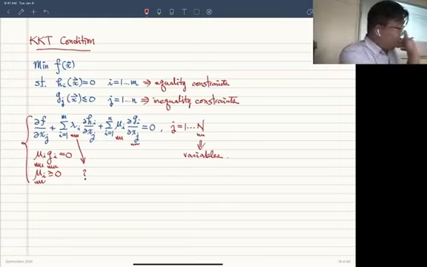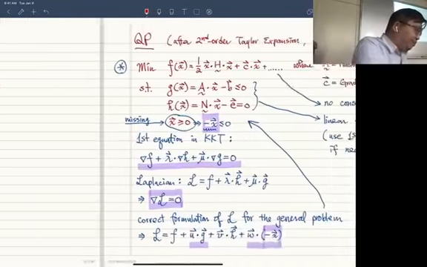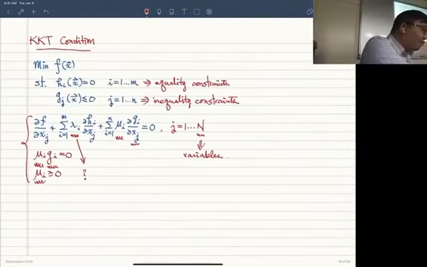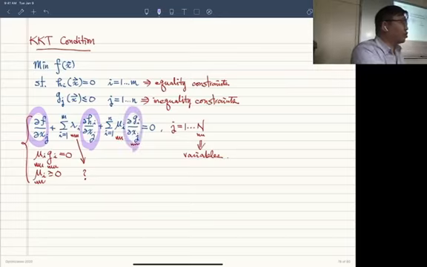Because when we do Lagrangian, it's important that the gradient of f is a linear combination of the gradient of h and the gradient of g. If the coefficients in front are all 0, then you're basically telling us gradient f equals 0.